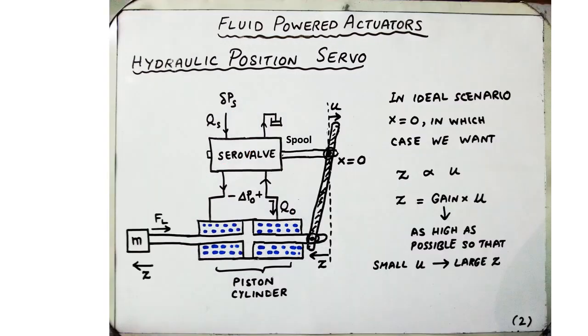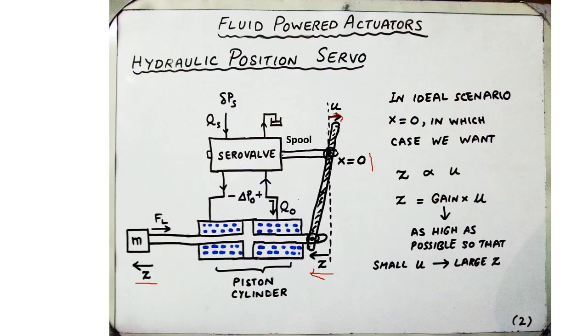So first of all, we shall try to understand how this mechanical lever works to provide a mechanical feedback to the servo valve. Essentially, if we want to apply the input displacement U as shown here, we want a corresponding output Z that is directly transferred to the displacement of the mass through the piston inside the cylinder.